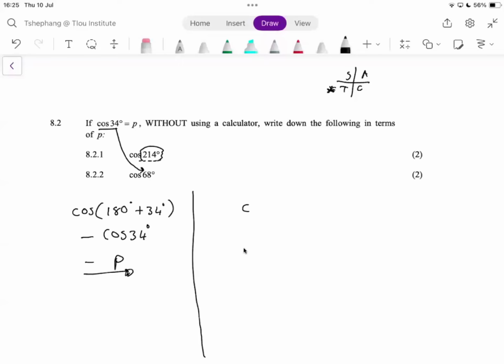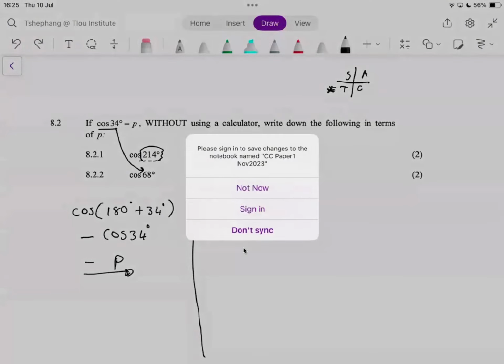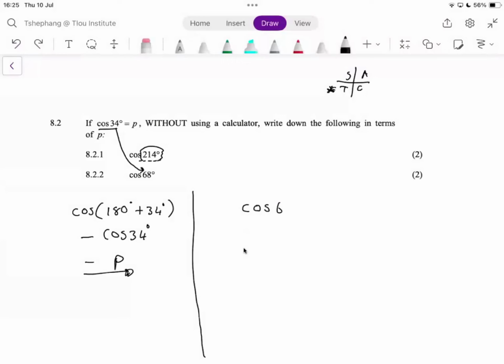So I can say that cos of 68, not 60, but 68, sorry about that, cos of 68 is equal to cos 2 times 34 degrees. Now, giving you guys a hint. I'm going to give you guys 1 minute to quickly carry on with it. If you have an answer, you're more than welcome to post it in the chat.